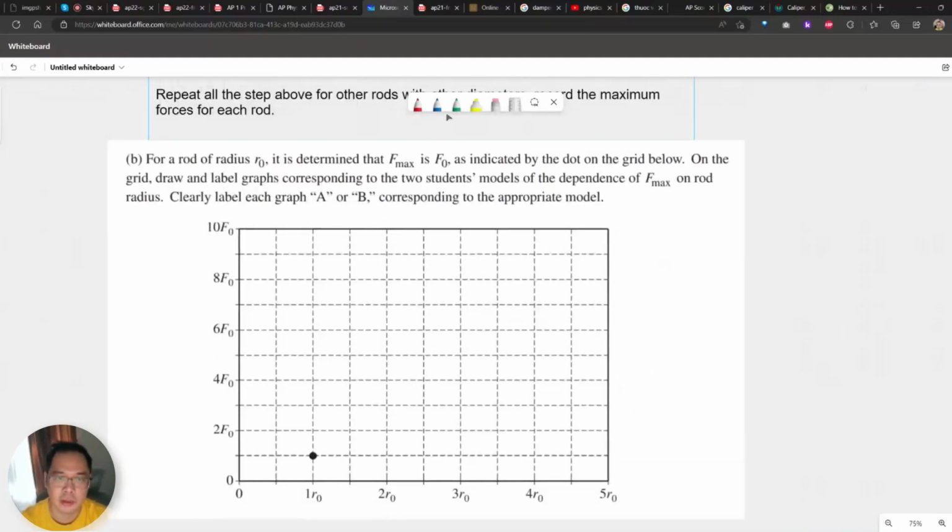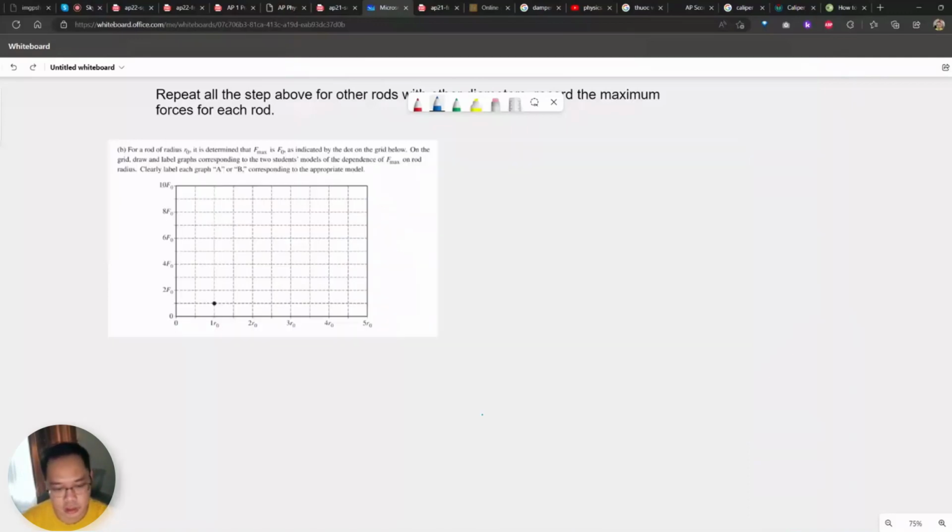Student A claimed that the force is proportional to the diameter or radius, so it is supposed to be a straight line according to this student. So it is assumed to be the dots like this for student A. You should not use the linear line, just use the points.